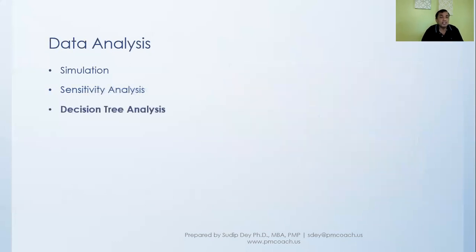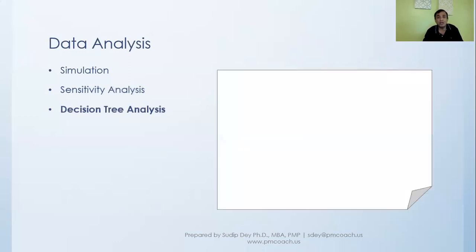Then there is another analysis, which is decision tree analysis. This decision tree analysis can be used in many different ways. And this is what we talked about, the alternate path analysis of the uncertainty. We'll look at an example, but decision tree analysis helps in selection from alternatives.